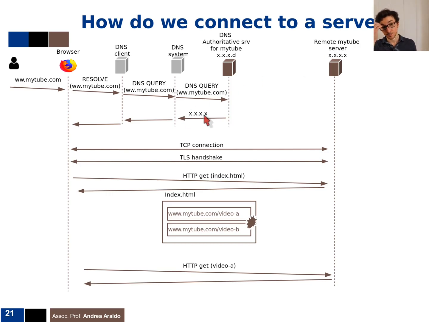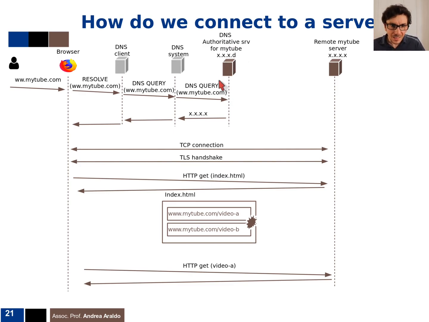XXXX in this case. So if you want to make your website MyTube reachable to the rest of the internet, you have to register your website to the DNS system. In order to do so, you first need to install a server, not only the server where the actual content is, but also a server that will act as authoritative server for MyTube.